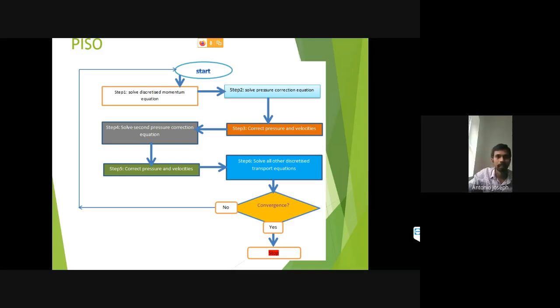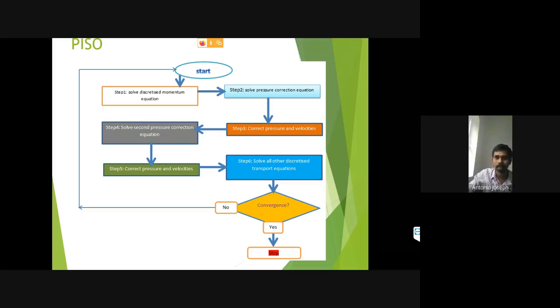Now, this is just the layout showing how PISO is solved. First, we solve the discretized momentum equation. Then we move to the pressure correction equation, where the pressure is corrected, and the corrected pressure and velocity values are fed into the pressure equation again.